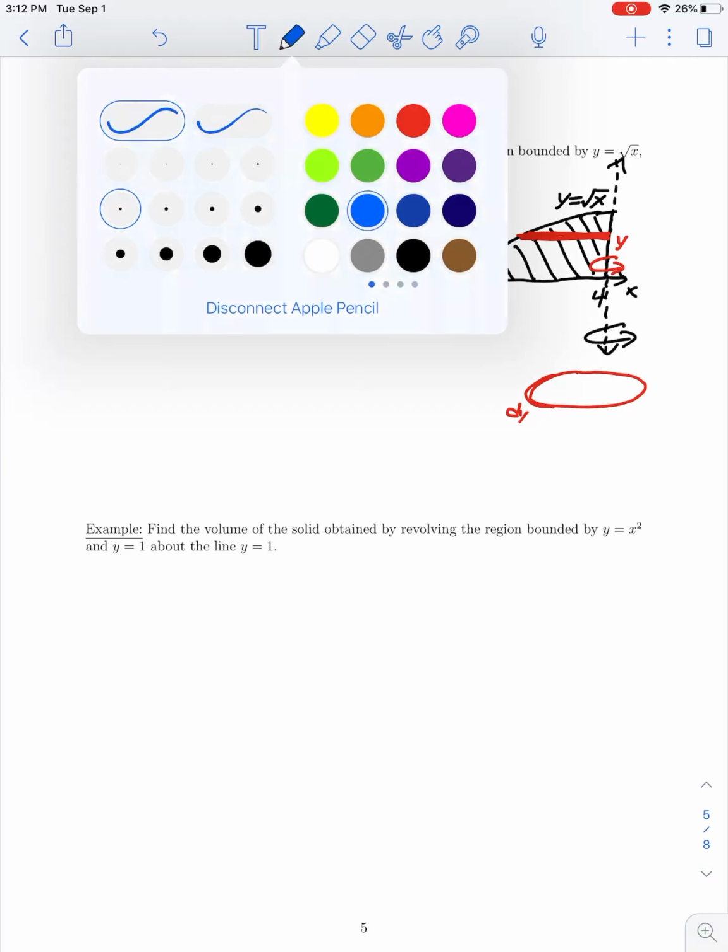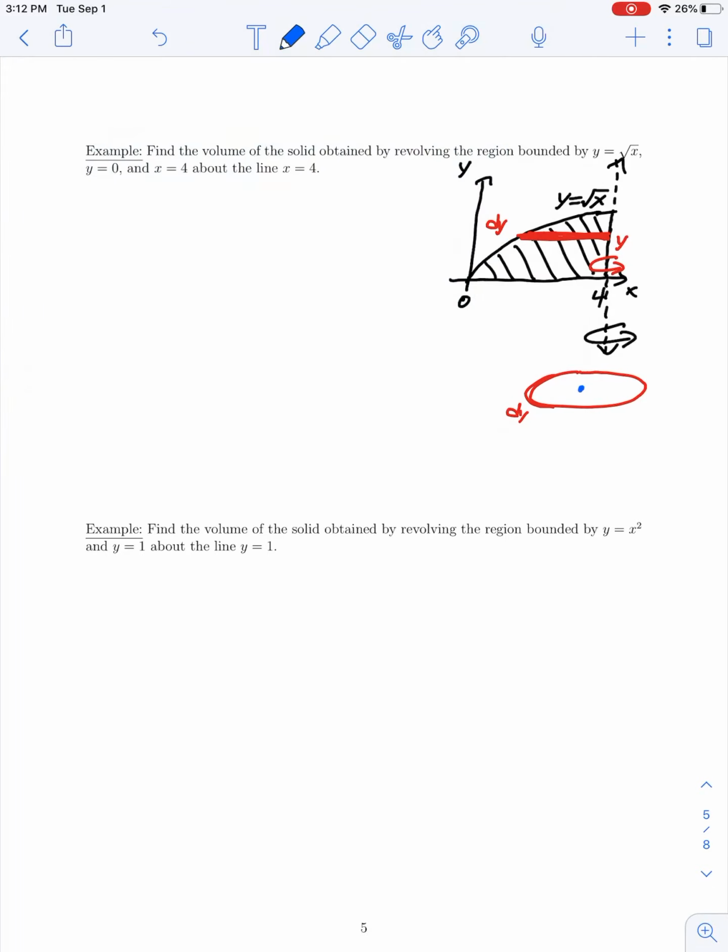And the radius of this disk is going to be the distance from the center of my disk, so the axis of revolution, out to the edge of my region, which is defined by this boundary curve, y equals the square root of x.